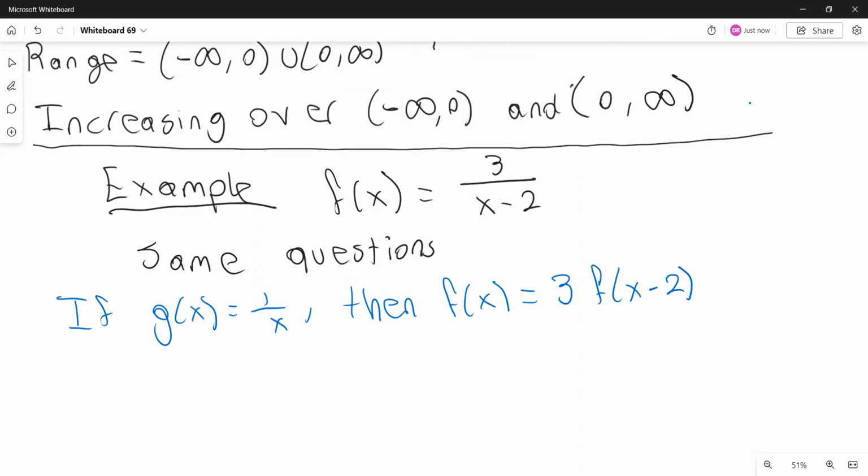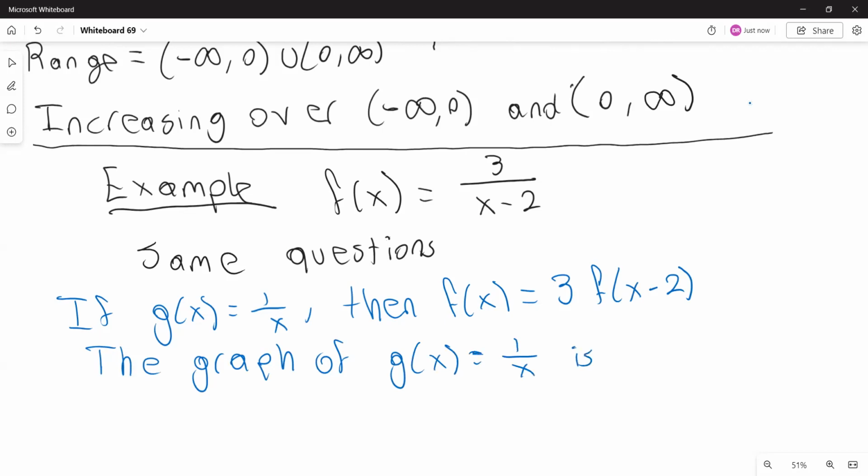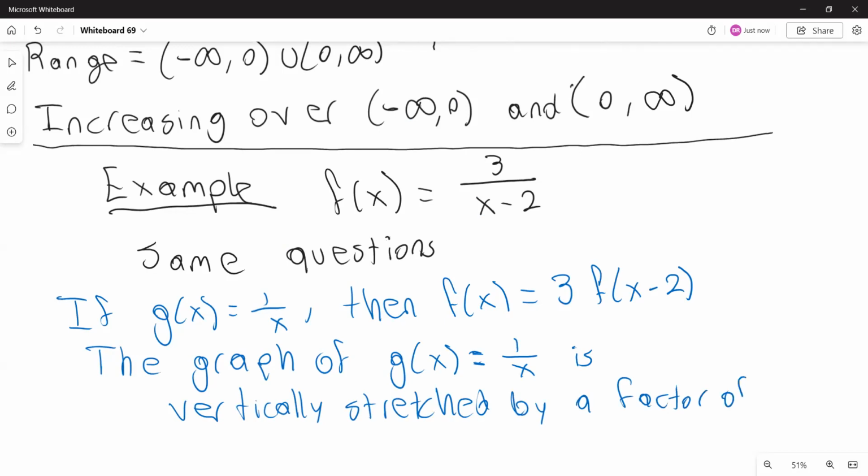Okay, so the graph of 1 over x is going to be vertically stretched by a factor of 3, and it is going to be shifted 2 units to the right.